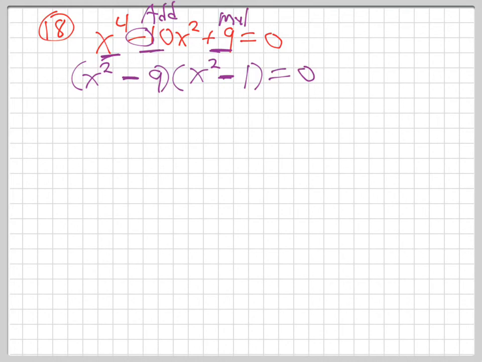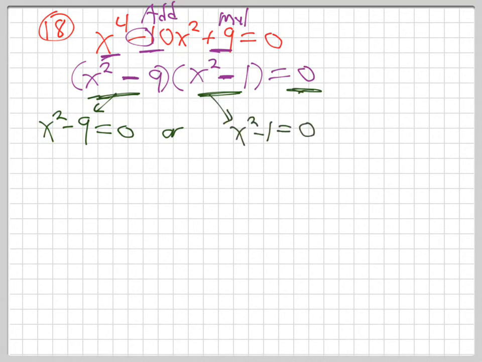So far, so good? Now, what do you do when you have two things multiplied to equal 0? If two things are multiplied to equal 0, either one could be 0 to make that true. Remember that logic? So that means the first one could be 0, or the second one could be 0.